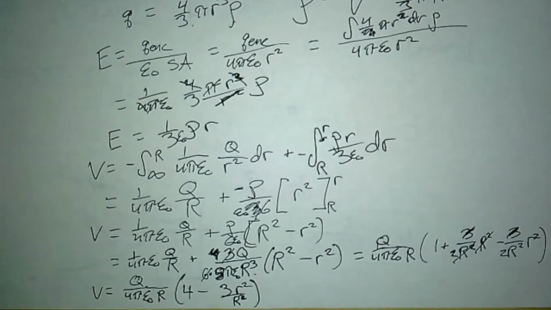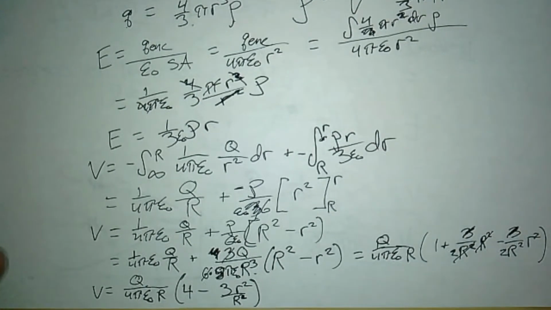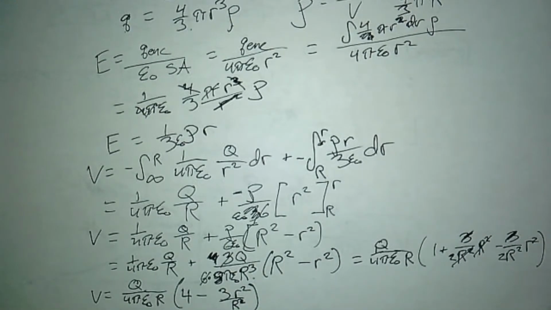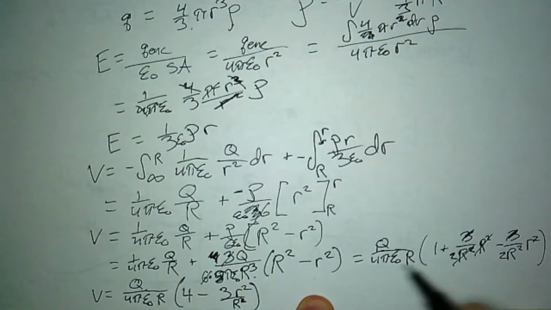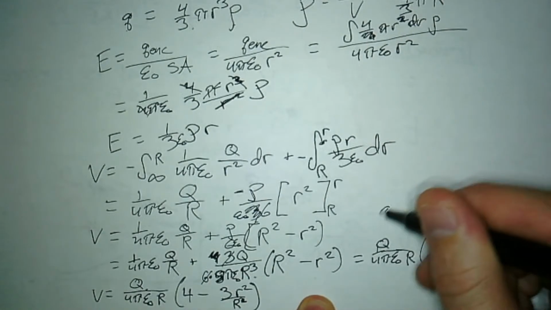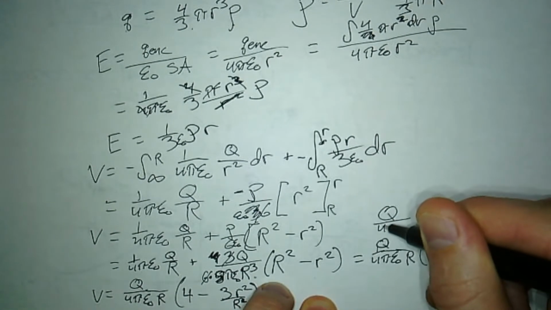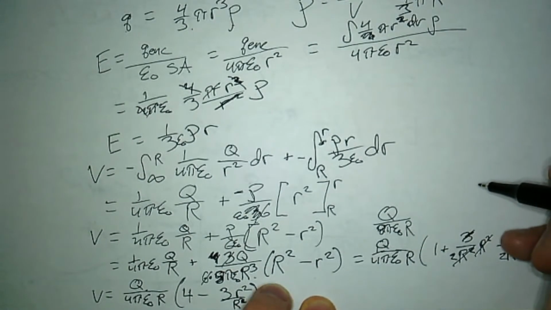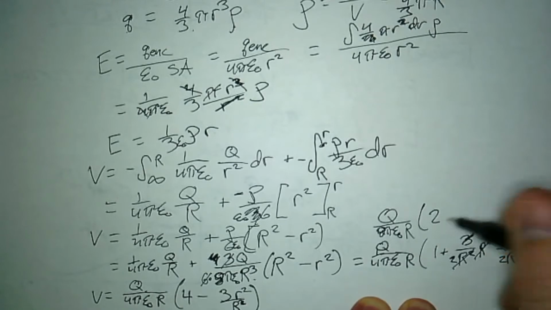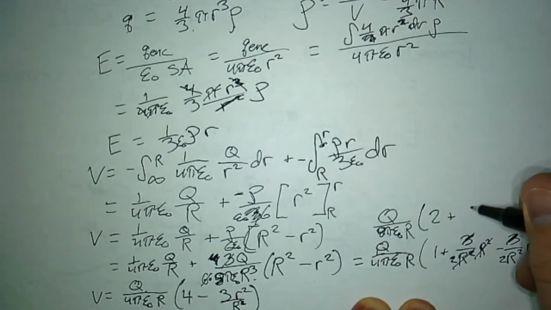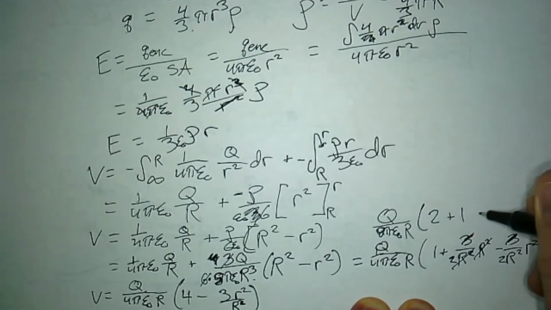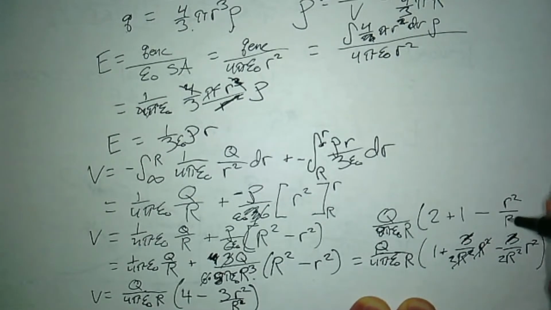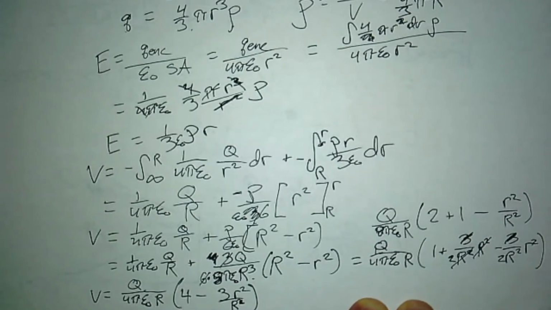So now down here, let's just go ahead and rewrite this line up above so it's easier to keep track of. I want to write this as Q over 8 pi epsilon naught R times 2 plus 1 minus r squared over capital R squared.